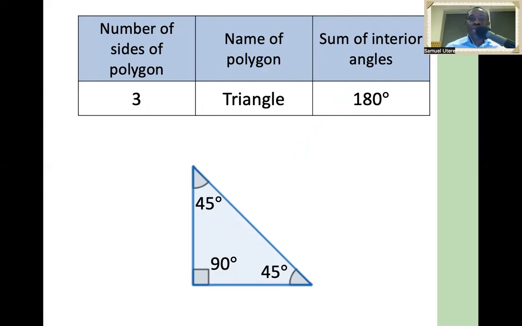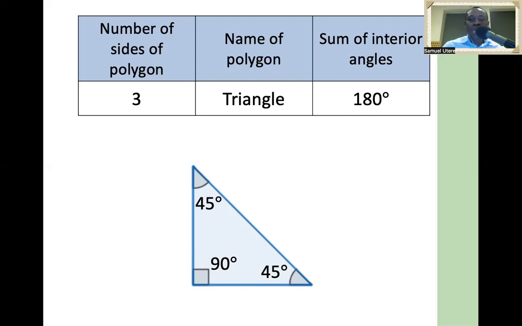But this time, we're going to add an extra fact for 4 sides. Looking at this triangle, that establishes the first fact. So for 3 sides, which a triangle has, the sum of the interior angles is 180 degrees.